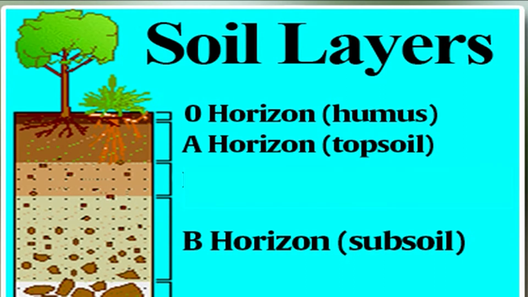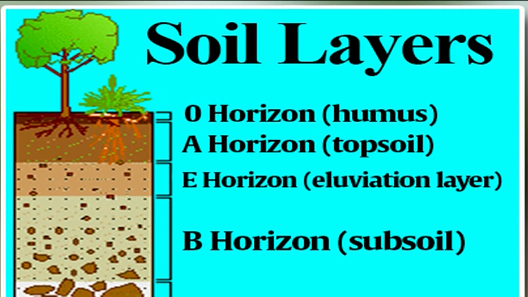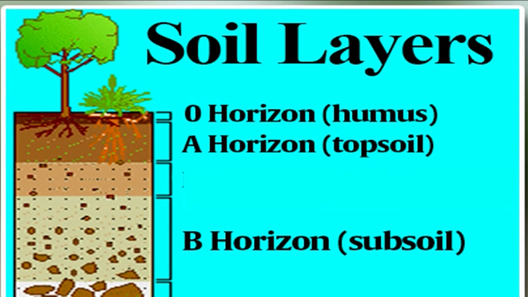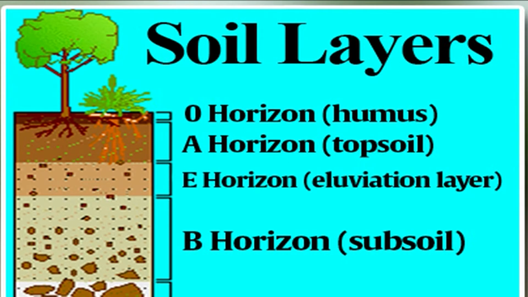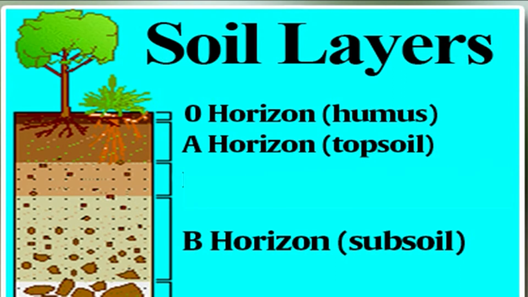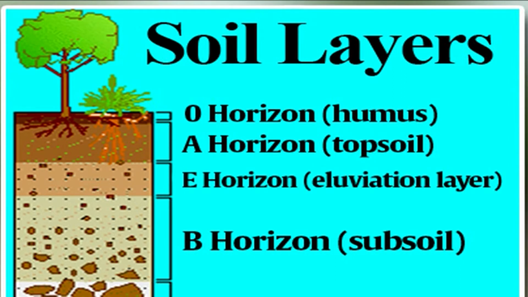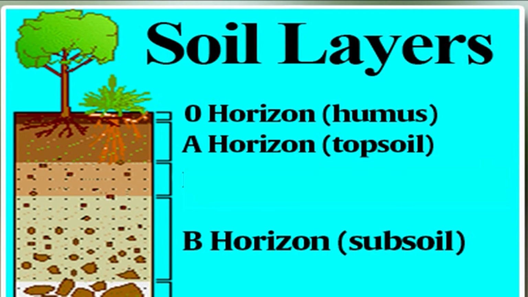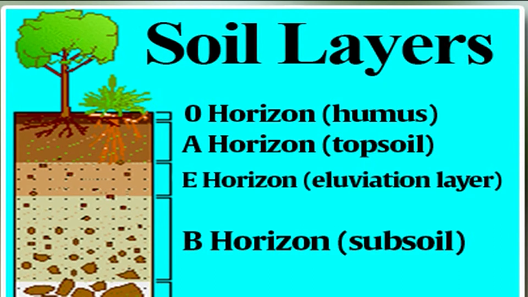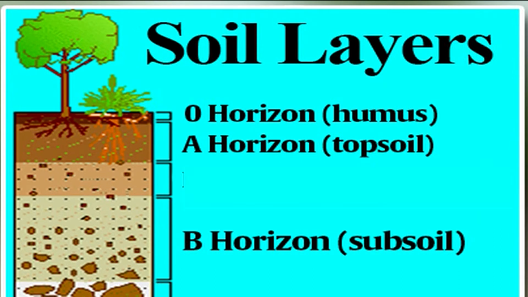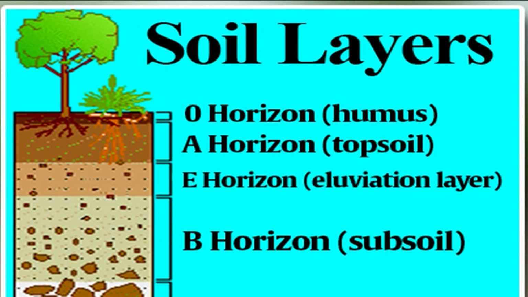It is followed by the E horizon, which indicates the zone of maximum leaching, eluviation with E of clay, iron and aluminum oxides, which leave resistant minerals such as quartz in the sand and silt size range behind.